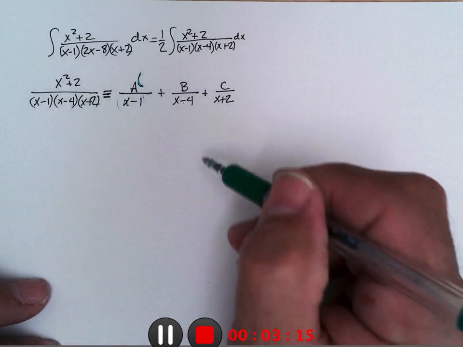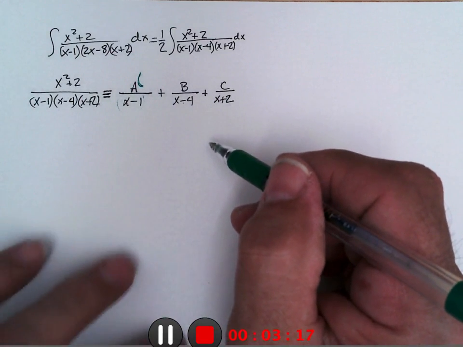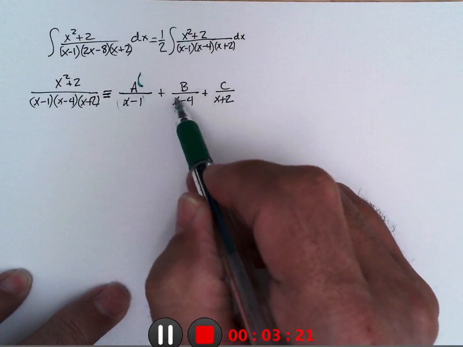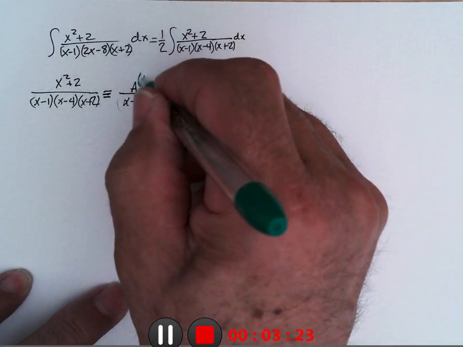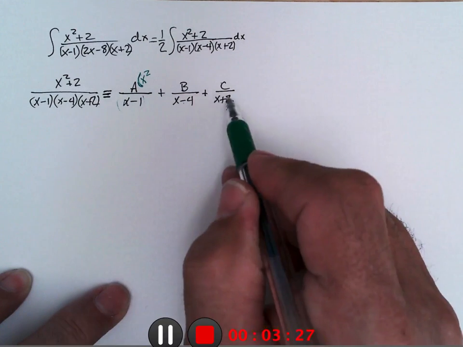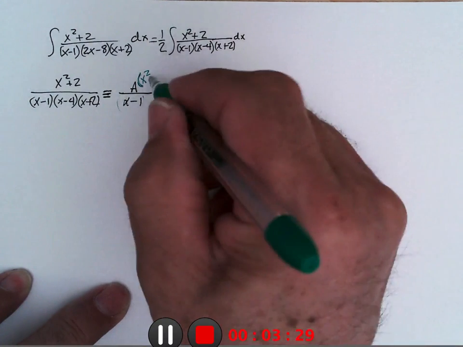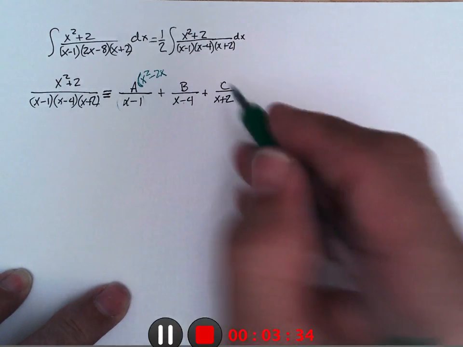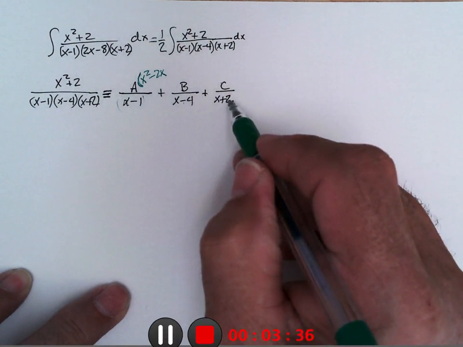That's what I'm most concerned about. So it'd be these two multiplied, which would be x squared plus 2x minus 4x, which is minus 2x, and then minus 4 times the 2 is minus 8.